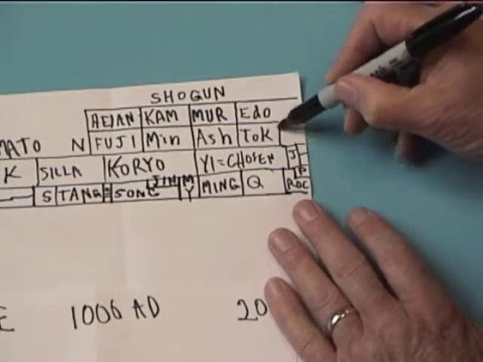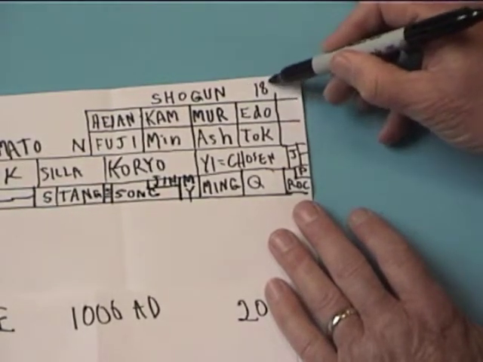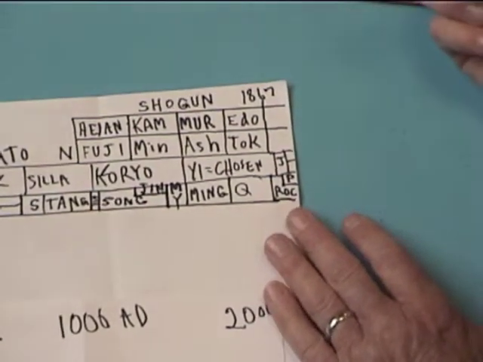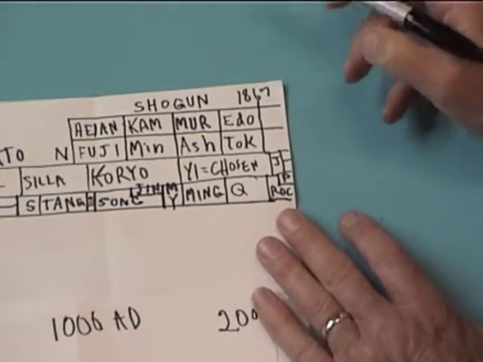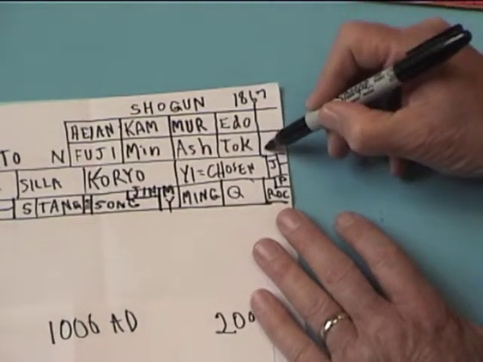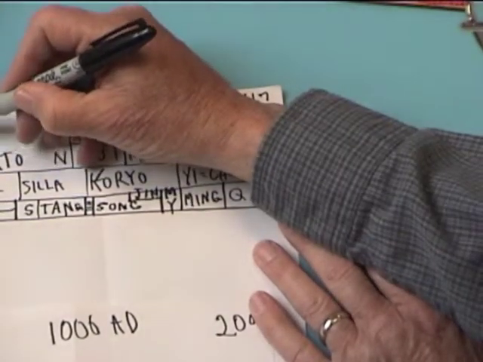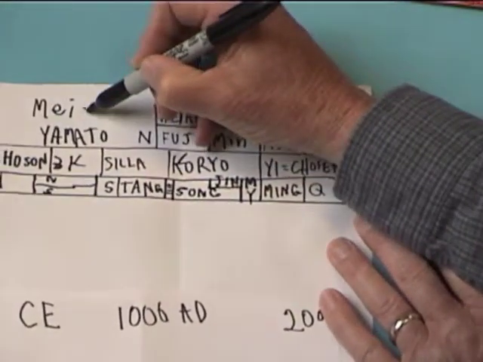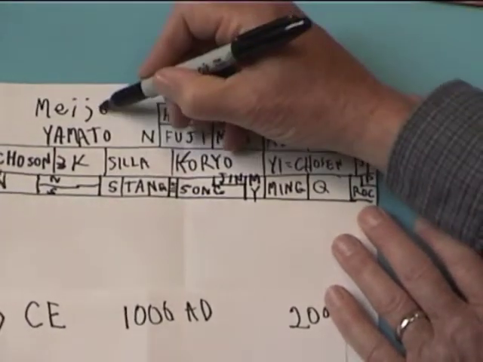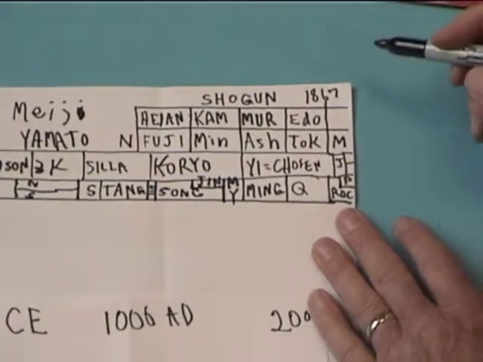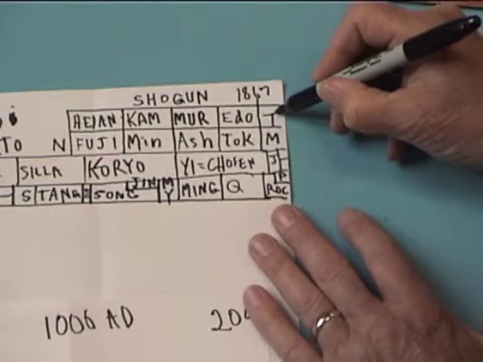But when we reached the year 1867, the emperor decided to take power back into his own hands, and the emperor's name was Meiji, and I'm going to write the entire name over here for your reference, M-E-I-J-I, Meiji. And the capital city at that time was Tokyo.